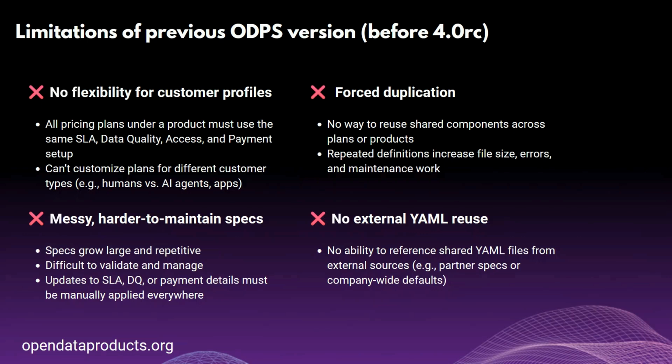When you can't have multiple SLAs and so on for the different profiles, you're going to make duplicates. There is no way to reuse any shared components across different pricing plans or products, and you're going to do repetition. It will increase errors and the amount of maintenance work, and as a result, the specs become messy and harder to maintain.